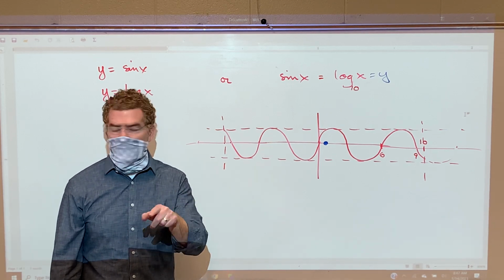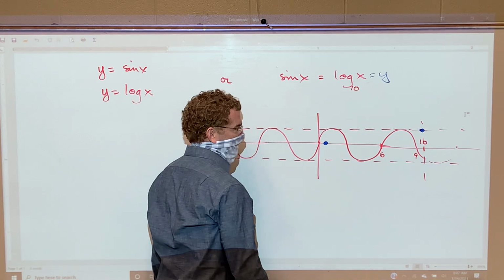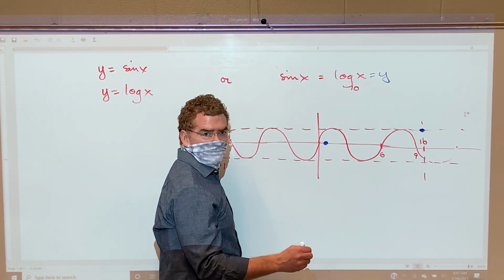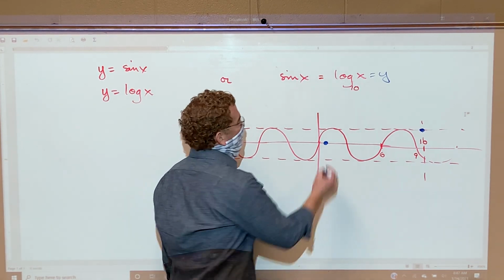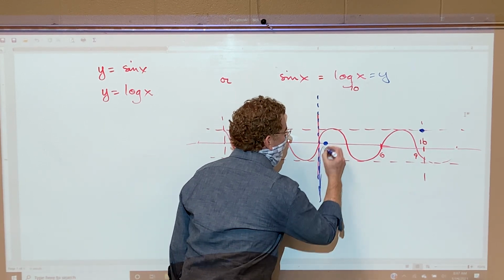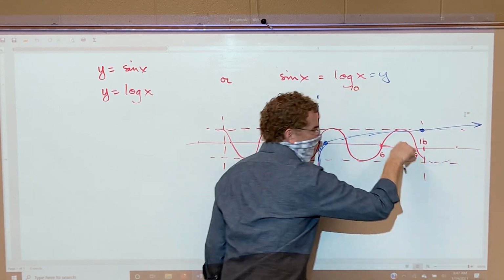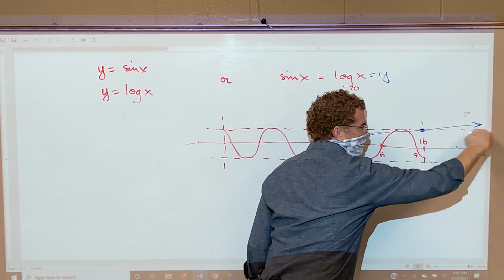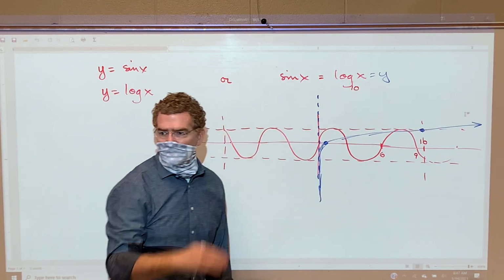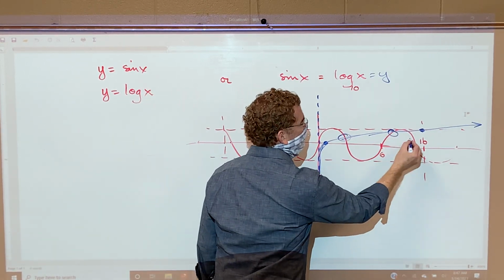If x is 10, y is 1. There's another point. And what do logs always have? Vertical asymptotes. So this graph looks something like this, right? It hits that, heads over, and at that point it's higher than the amplitude goes. So how many solutions did it have? 3.